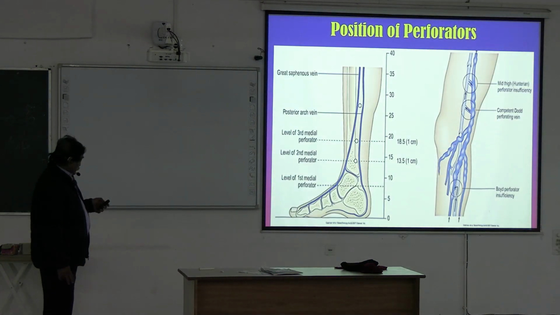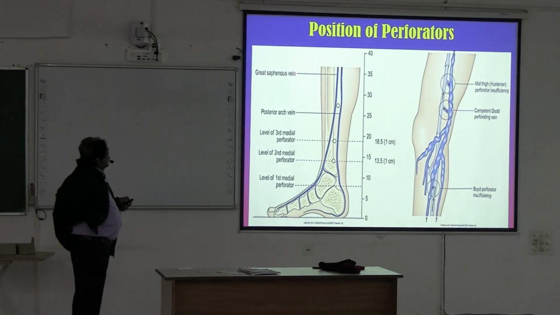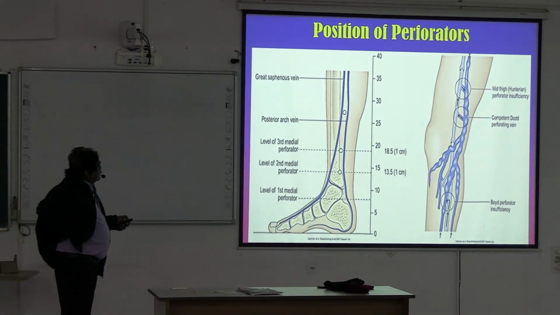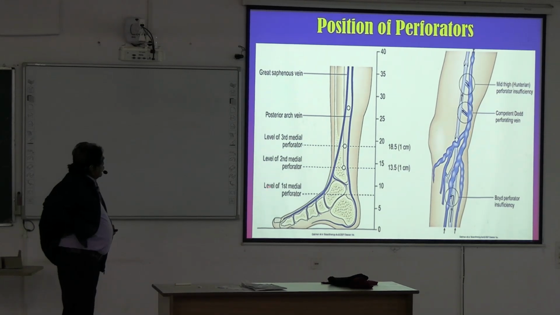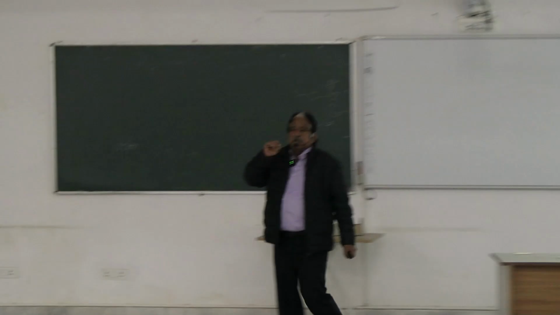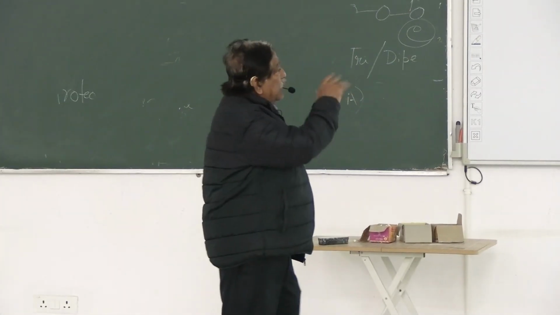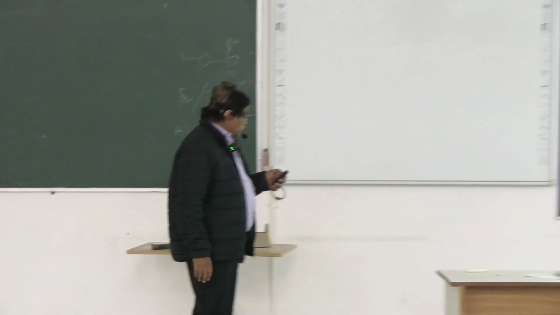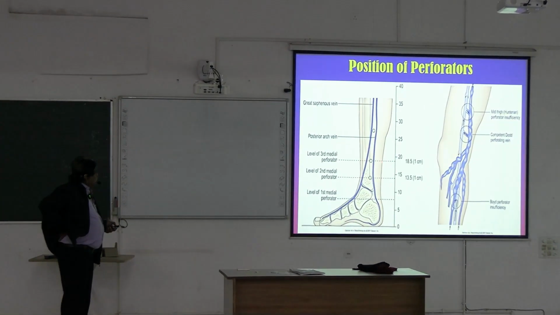Now this is the position of perforators. See, this is in centimeters. Now the level of first medial perforator at this level. You try to draw a sketch when you go home and you mark as I'm showing you. Now, see, this is the posterior arch vein.